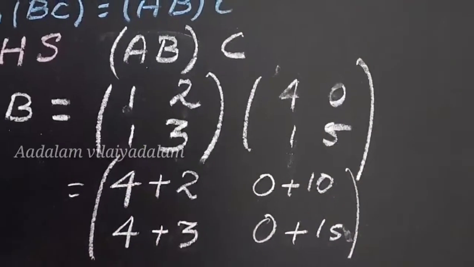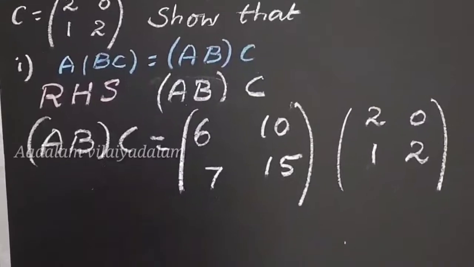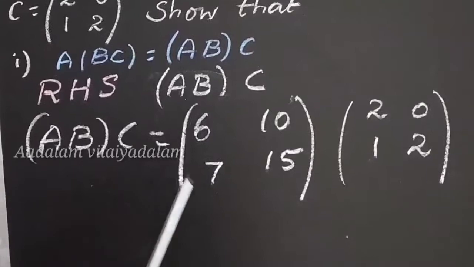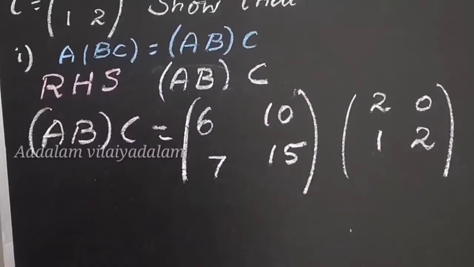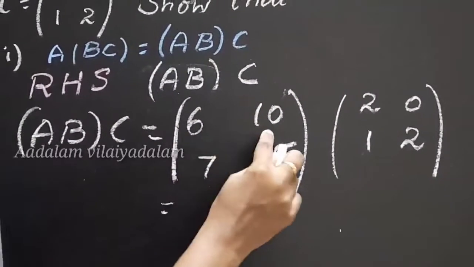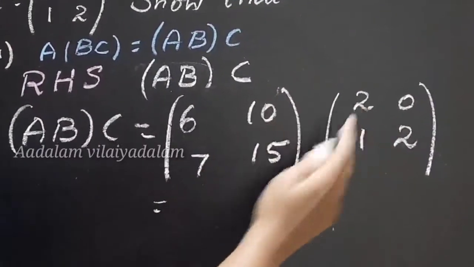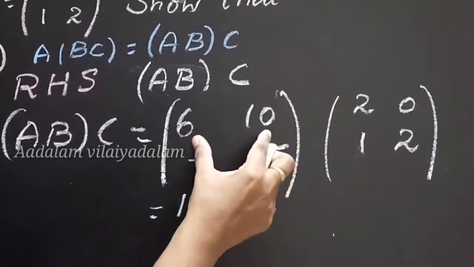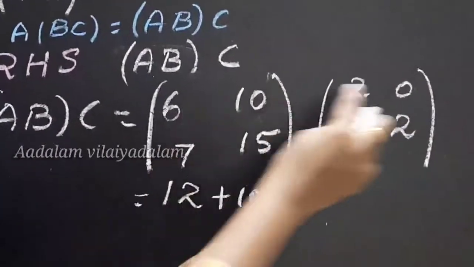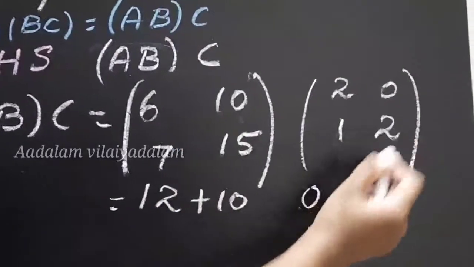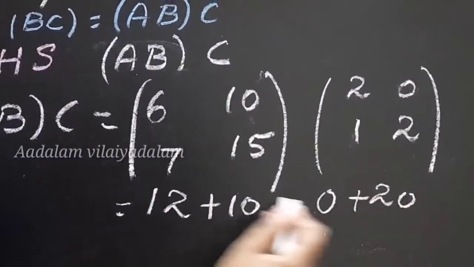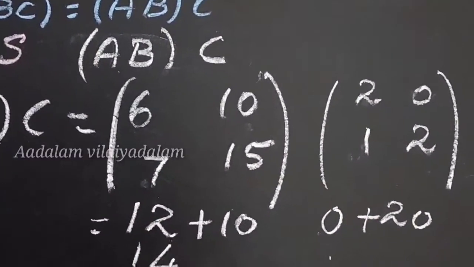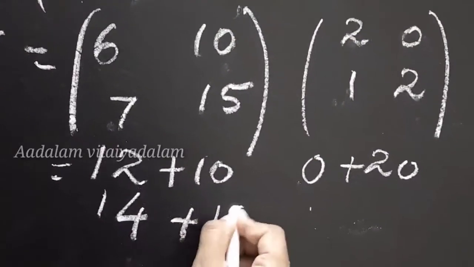So this is the AB value. Next we have to find the product of AB into C. So this is AB value, C matrix. The first row, the first column, 6 2s are 12, 10 1s are 10. The first row, second column, 6 into 0, 0, 10 2s are 20. Second row, the first column, 7 2s are 14, plus 15 1s are 15.